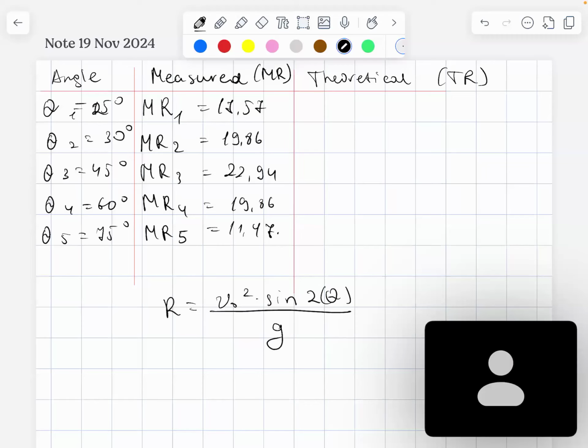And then when we have made all our measurements of angle and measured range, we can calculate our theoretical range, TR.